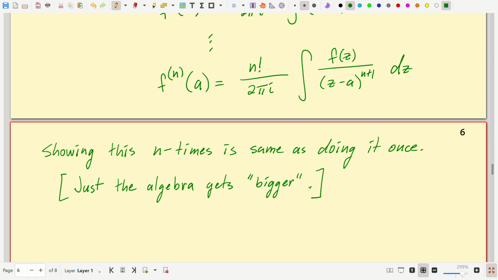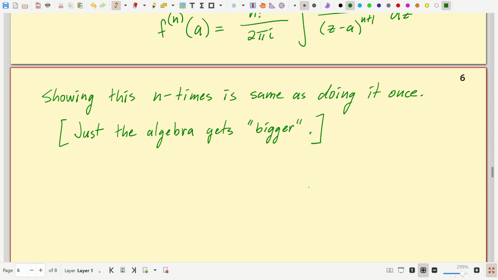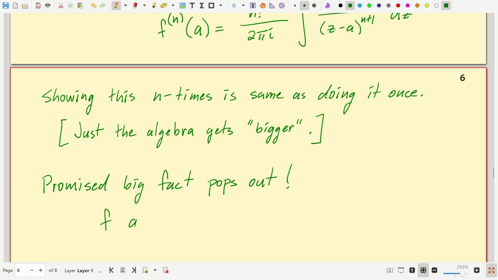So it's the same concept exactly. Not hard to write it out, it's just I don't want to, I'll bore you to death. But the mind-blowing thing is that the promised big fact pops right out of this. Namely, f analytic implies that the derivative is complex differentiable.